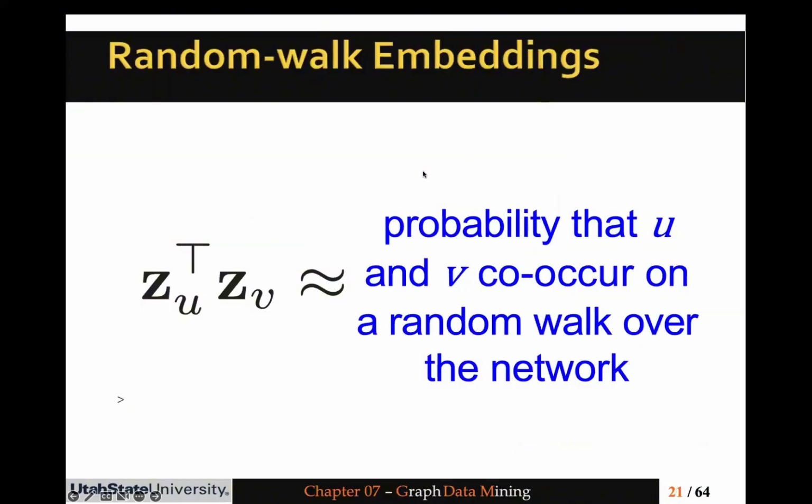All right. So the probability that U and V co-occur on a random walk over the network should be translated in terms of the dot product of the embeddings of U and V in the embedding space, which is a low-dimensional space of D dimensions.